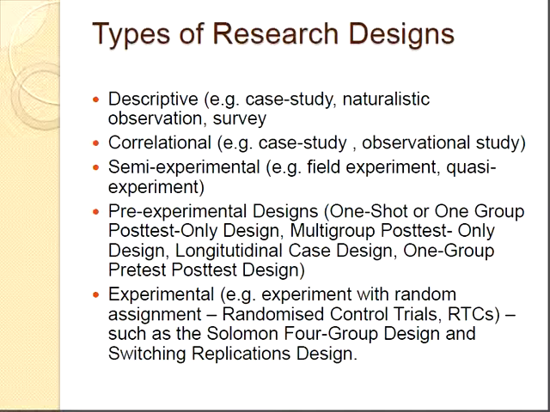Examples of experimental design include experiments with random assignment of the subjects, such as randomized controlled trials. This is a special experimental design, and we use the acronym RCT to quickly tell us that that is what we're talking about.